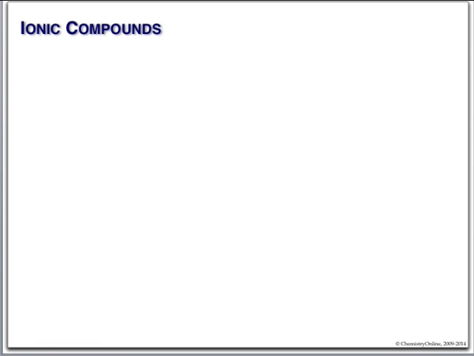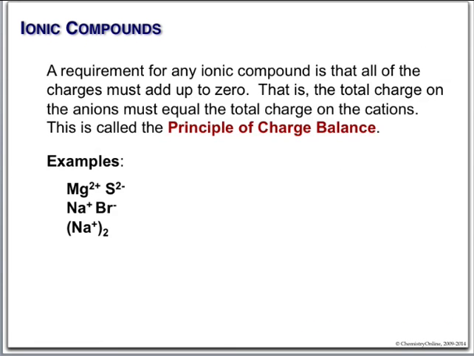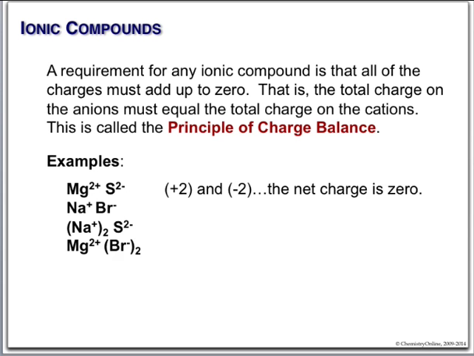Now when you go to build a compound, you have to follow what's called the principle of charge balance. That basically means that the compound that you're going to build must be neutral. Okay? It must be neutral. If we take one magnesium, it is in group 2, so it's a +2. Sulfur is over here in 6, so it'll pick up 2 electrons, that's -2. This is 2 pluses, 2 minuses, and the net charge is 0.